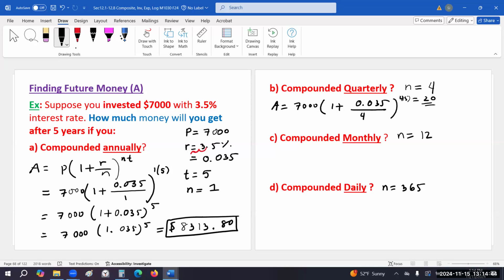So you plug everything in the calculator, and that will tell you the final amount. Say it again, I forgot. 8,330.